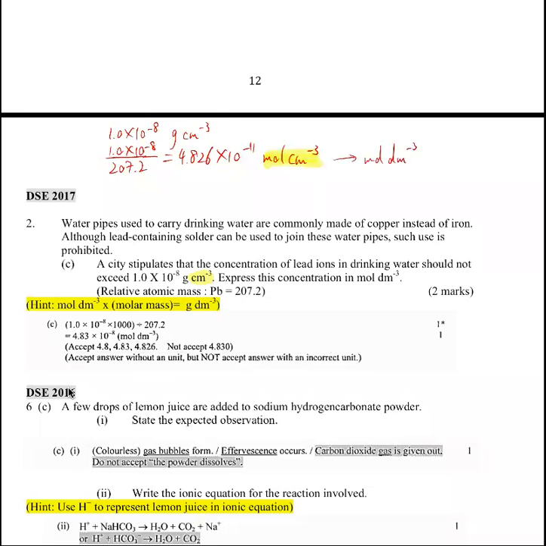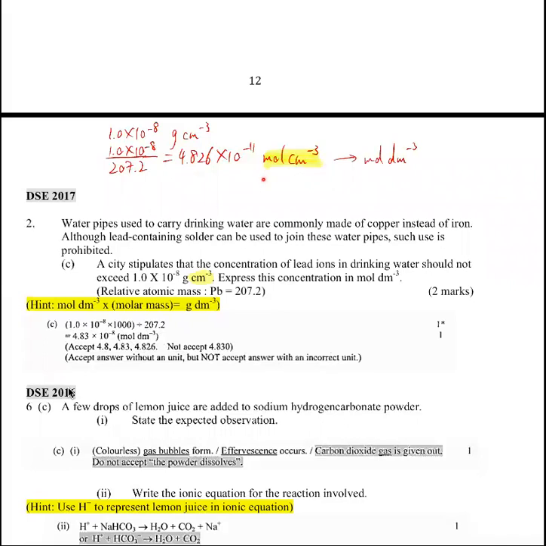A lot of you divided by 1,000. So think about it. What's the meaning of this unit, mole per cm cube? That means if we have 1 cm cube of that solution, we will have 4.826 times 10 to the power of minus 11 mole.